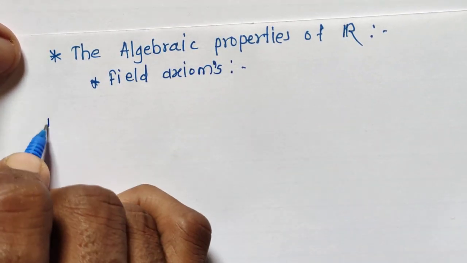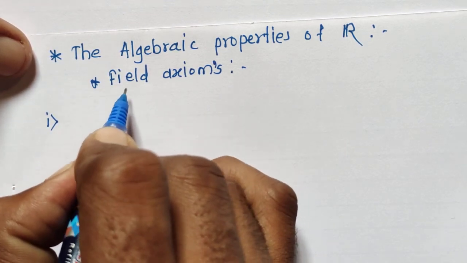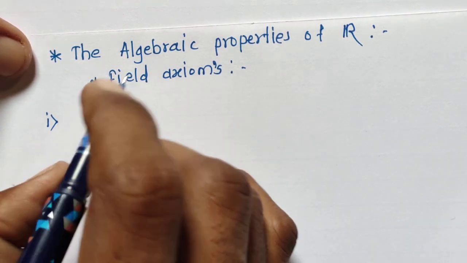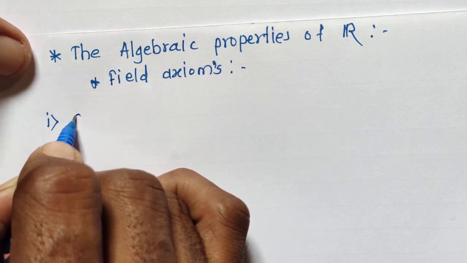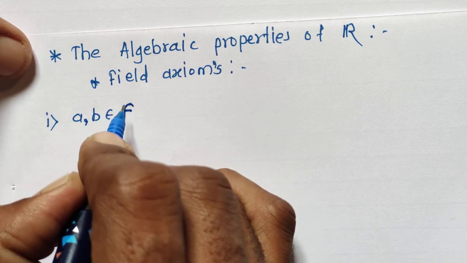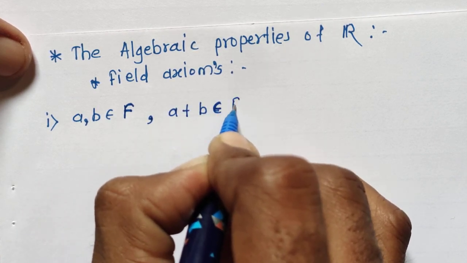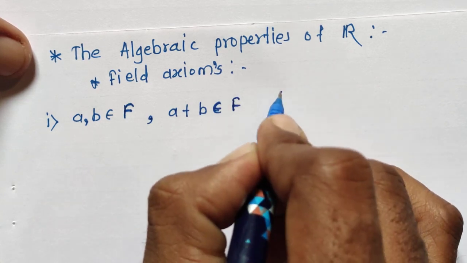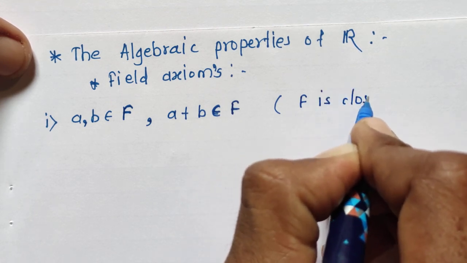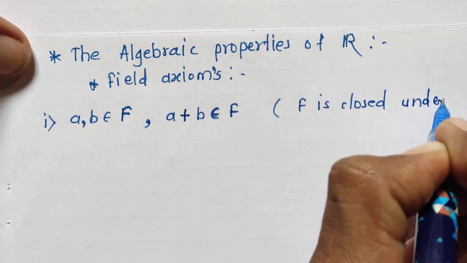So the first field axiom is: suppose F is any set, and A and B are two elements of that set F. Then their addition, A plus B, again belongs to that set F, and this property is called closure.